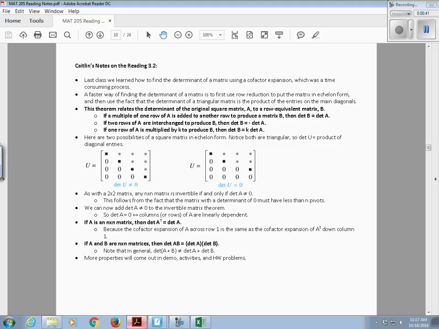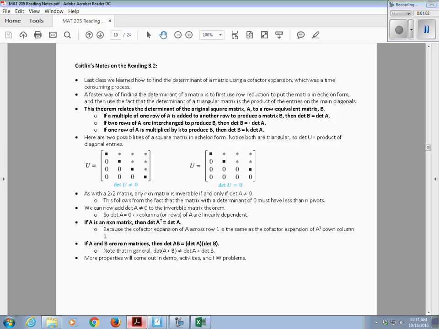So here's the theorem. It's written here in bold from your text. If you do a multiple of one row of A added to another row to produce a row equivalent matrix, the determinants of those two matrices are the same. So that's the most common row operation we do when you're row reducing. But then there are two others.